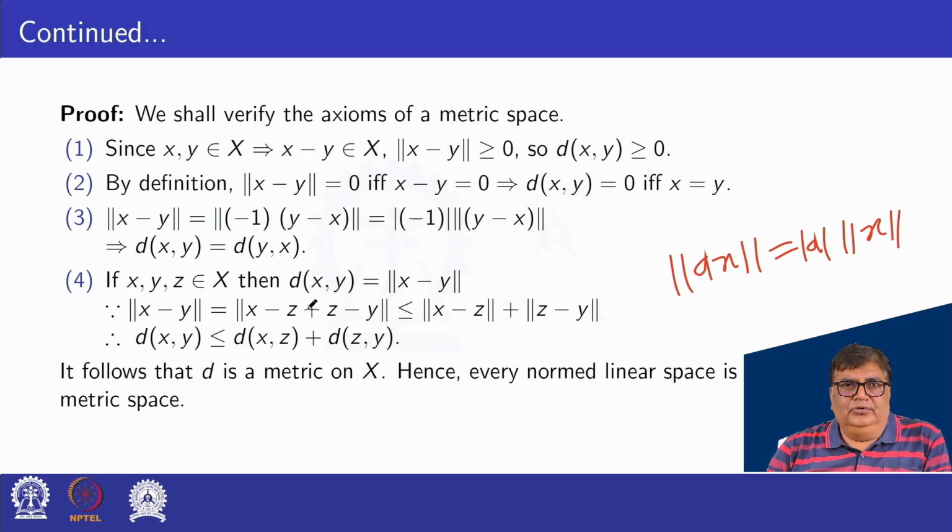Applying the fourth property of norm, with one term x minus z and second term z minus y, this is less than or equal to norm x minus z plus norm z minus y. Therefore, d(x,y) is less than or equal to d(x,z) plus d(z,y). It follows that d is a metric on X. Hence, we can say that every normed linear space is a metric space.